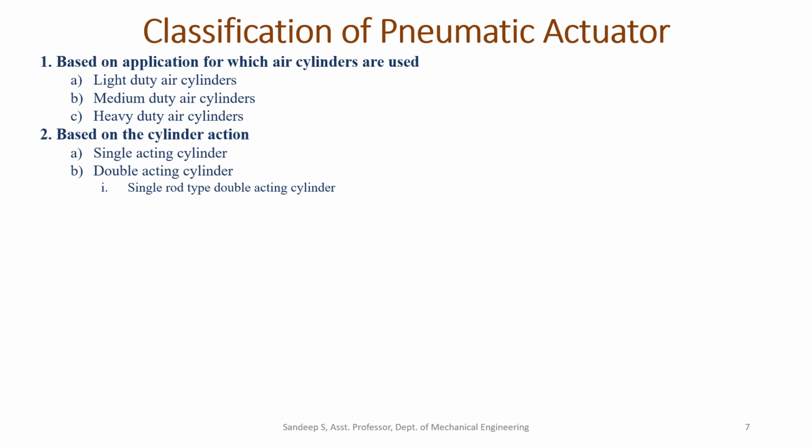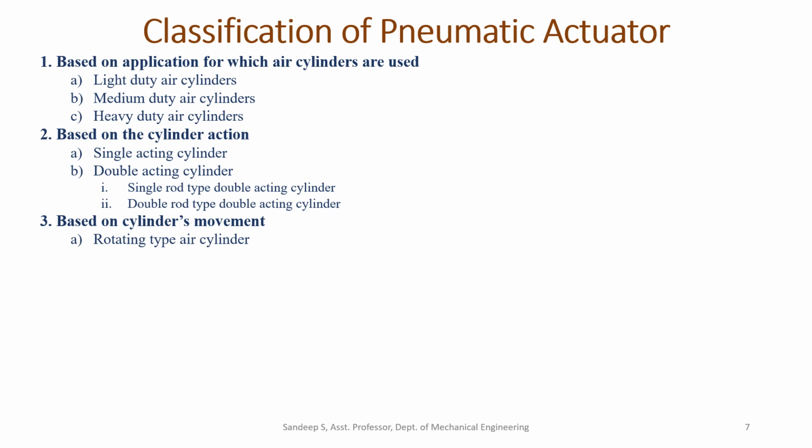In the double acting cylinder again we have a single rod type double acting cylinder and a double rod type double acting cylinder. Next, based on the cylinder movement, a rotary type of cylinder and a non-rotary type of air cylinder. In the non-rotary type the cylinder rod will not rotate. In the rotary type, inside the cylinder the piston is able to rotate.